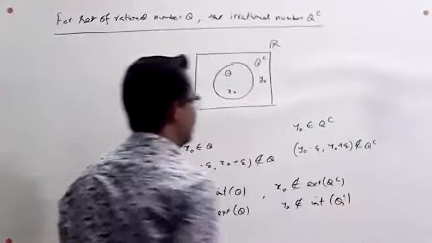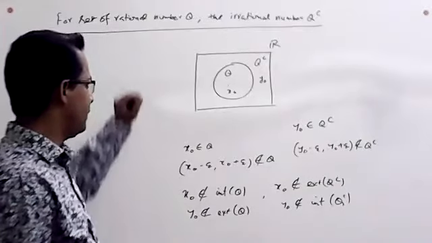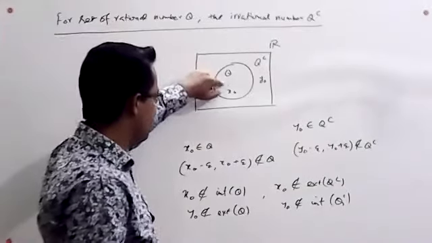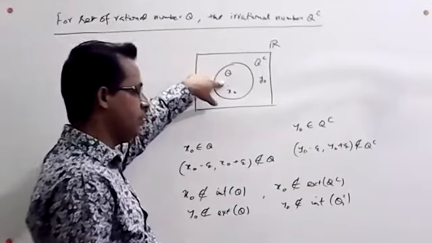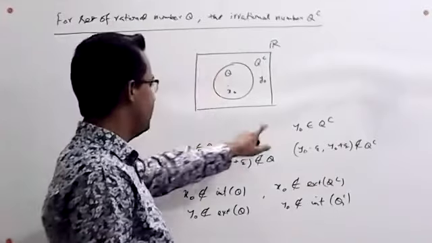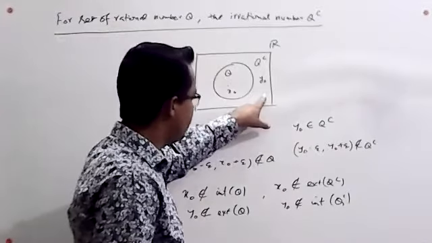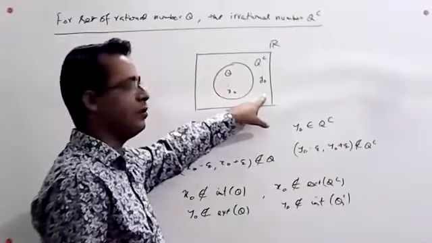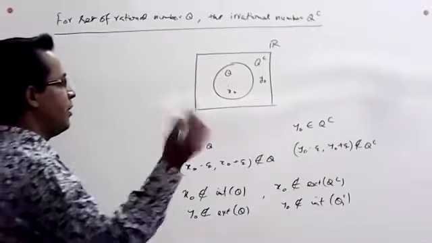So we can say that there is no real number which can be treated as an interior point of Q and exterior point of Q, as well as no real number which is an interior point of Q complement and exterior point of Q complement. So we can say that all these points are frontier points.